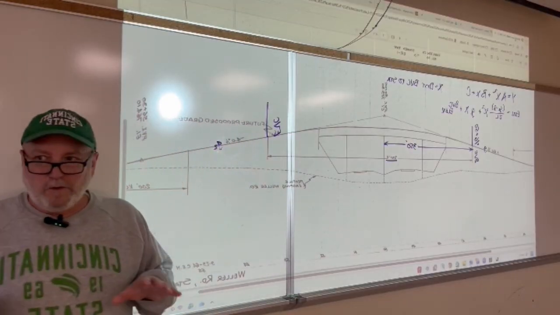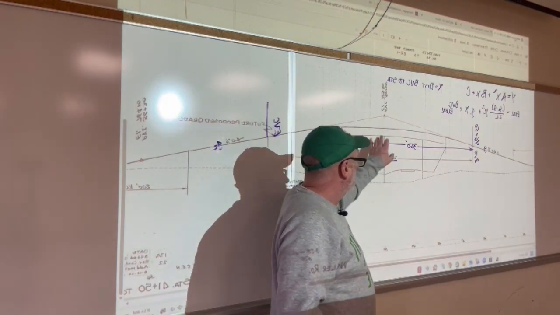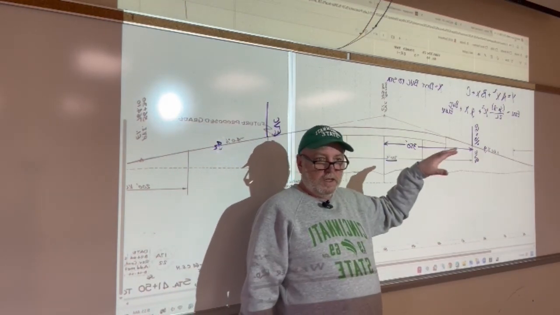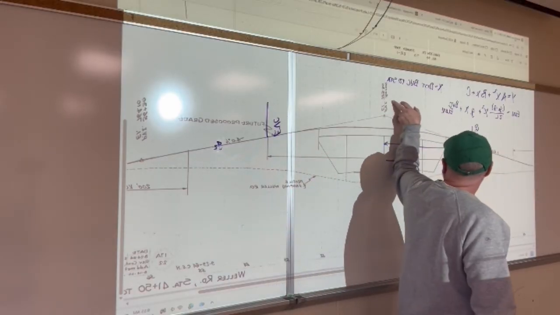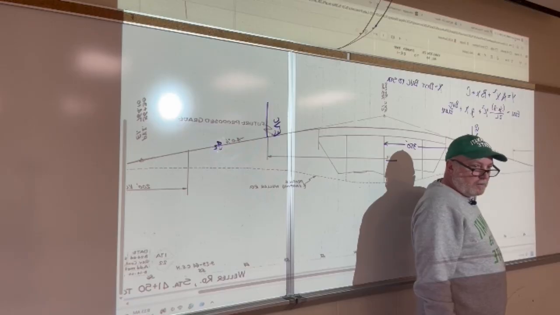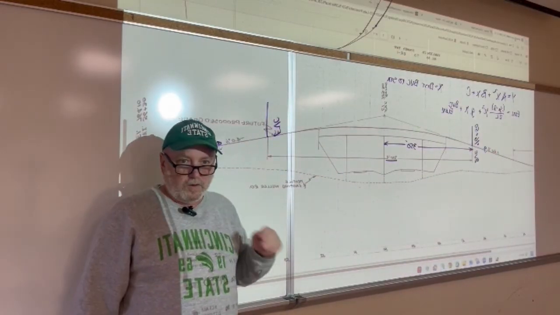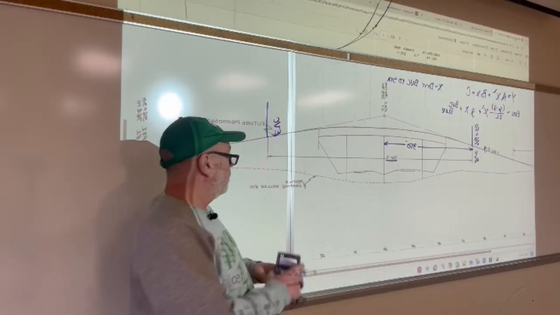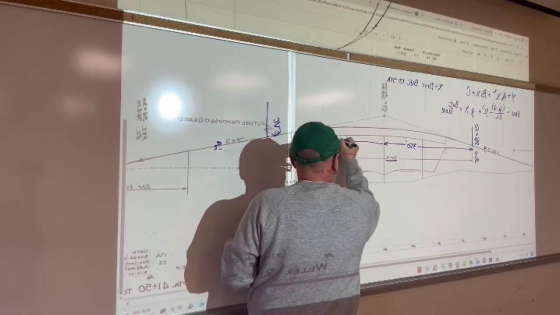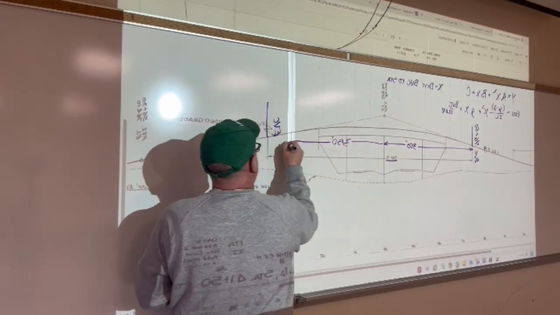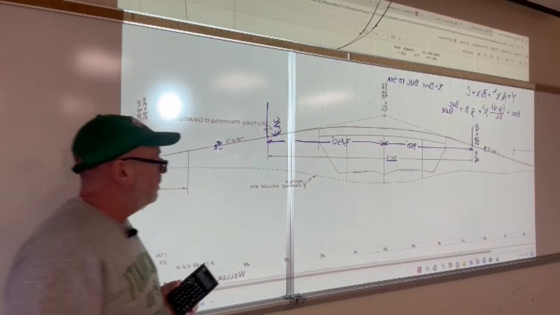this is a little different from horizontal curves. With a horizontal curve, we use our back tangent, take that distance to get our PC, and then we add the arc length. That's not the case with the vertical curve. Here, we're going to add 350 to that.